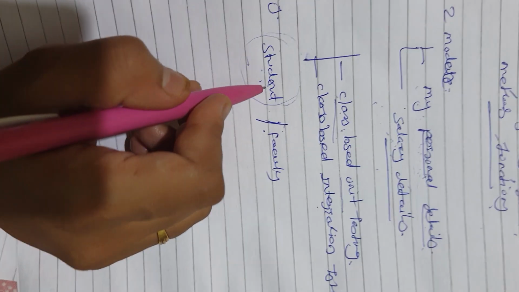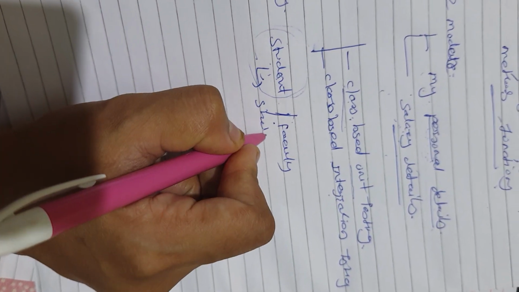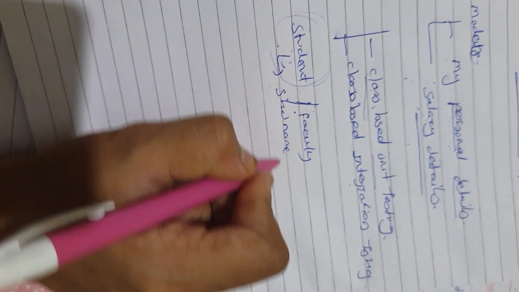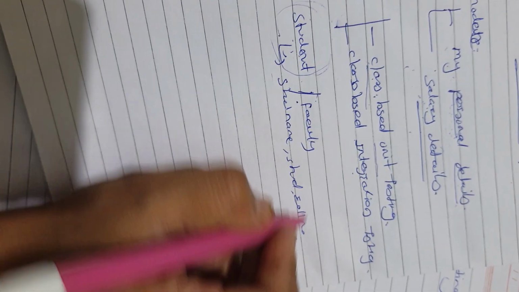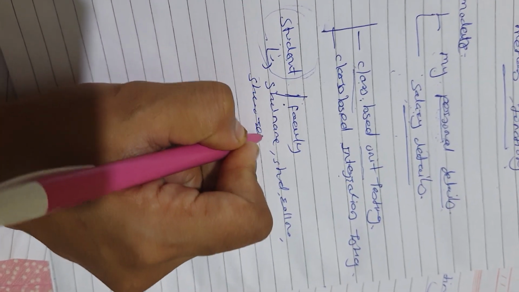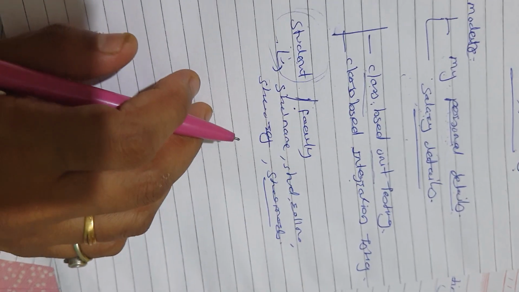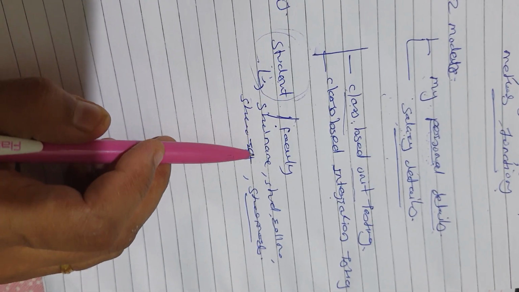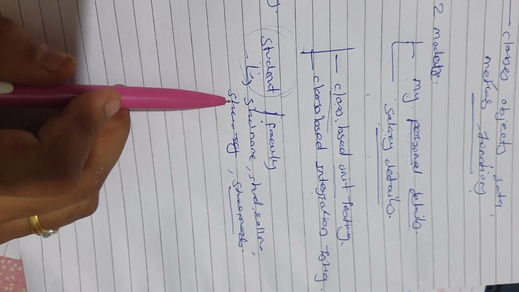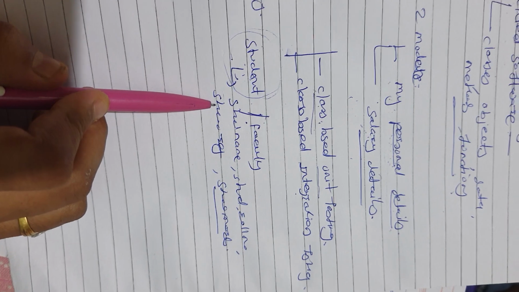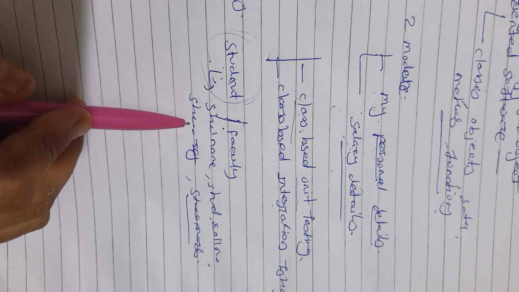So in the student class, there are student name, student roll number, student registration, student marks, or student total number of marks. It means you can test one piece of information at one time. It's called class based unit testing.